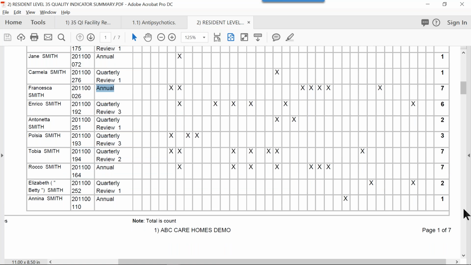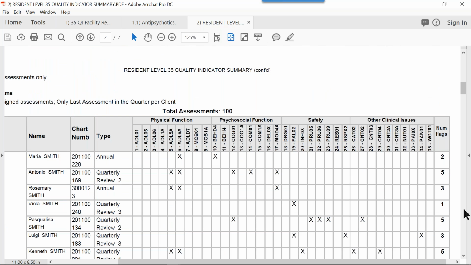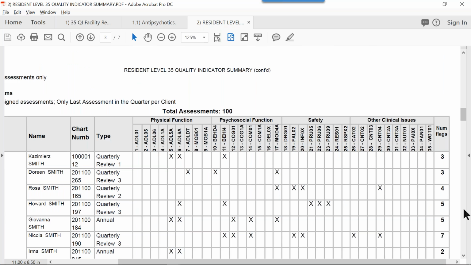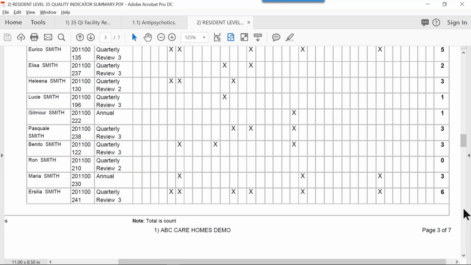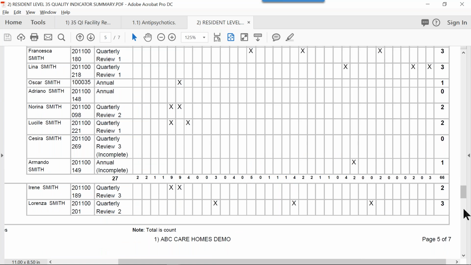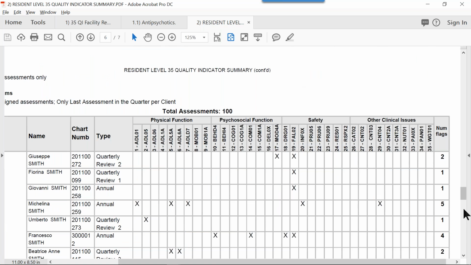And if we just keep moving our way down, we can see some people have no quality indicator problems at all, which is kind of suspicious as well. Okay, let's just carry on down, see if we can find out anything other. So 7 seems to be the highest number of quality indicators.